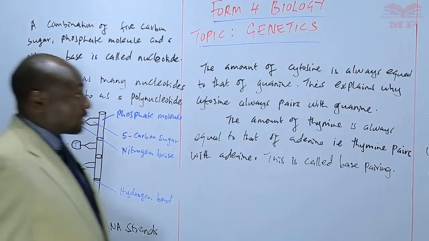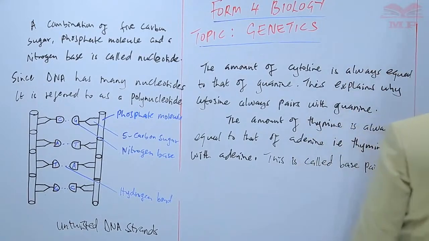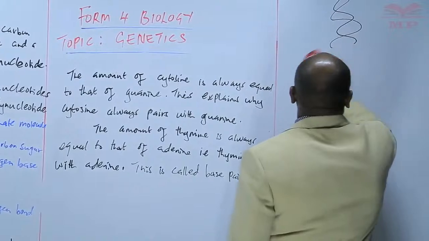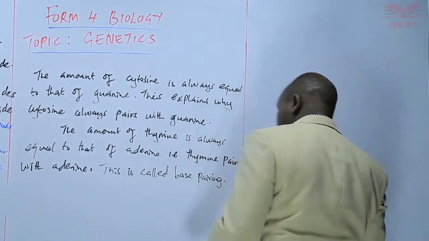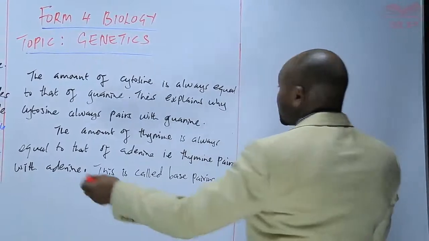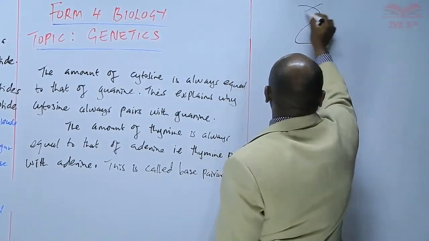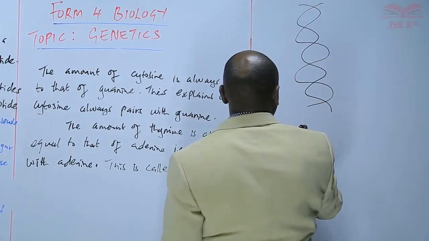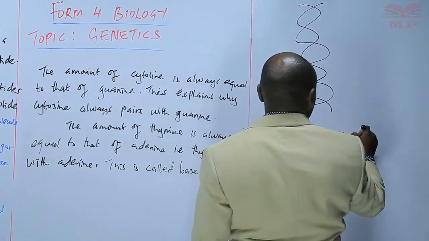So at that point we'll have another diagram whereby now we have the twisted DNA, like we had before, the DNA showing base pairing.